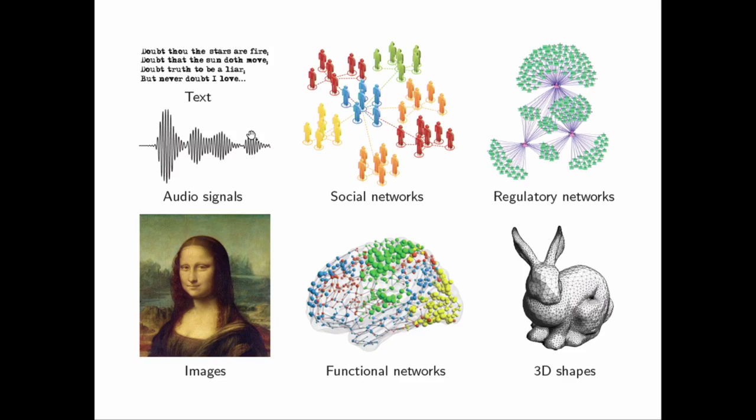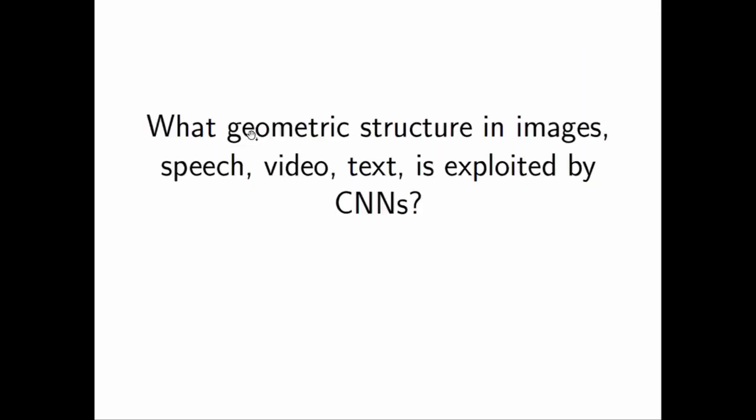For example, you might be interested in trying to leverage some information on your social network, or you might be working on biostatistics or computer graphics, etc. In these domains, the questions that motivate this tutorial are the following.